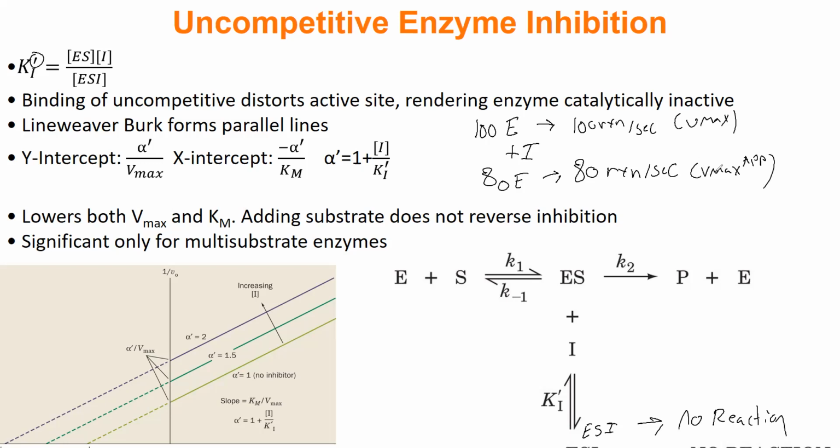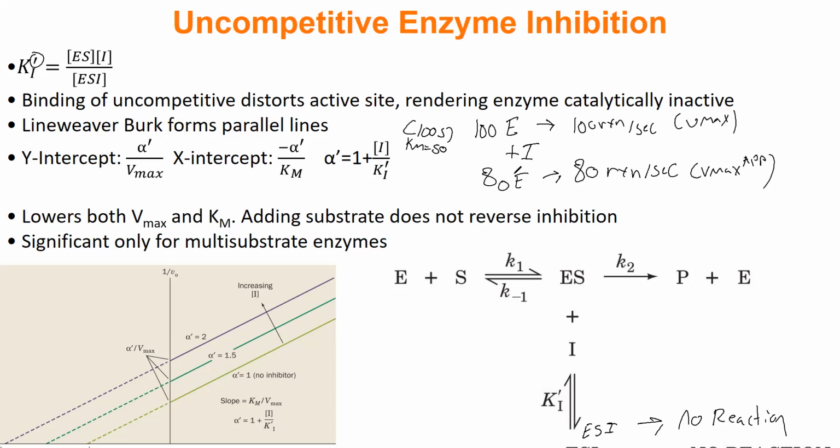Let's think about Km, right? So let's say that I need 100 substrates. I'm going to keep it super easy. 100 substrates to go my maximum speed. So Km would be 50 if I had 100 enzymes. So one substrate, one reaction.